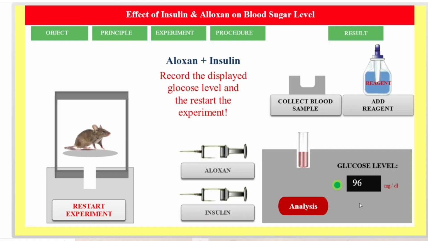So it is reduced near to normal glucose level, but not that much reduced. It is reduced to 96 mg per dL. That was 129 mg per dL. Now we will see the results.